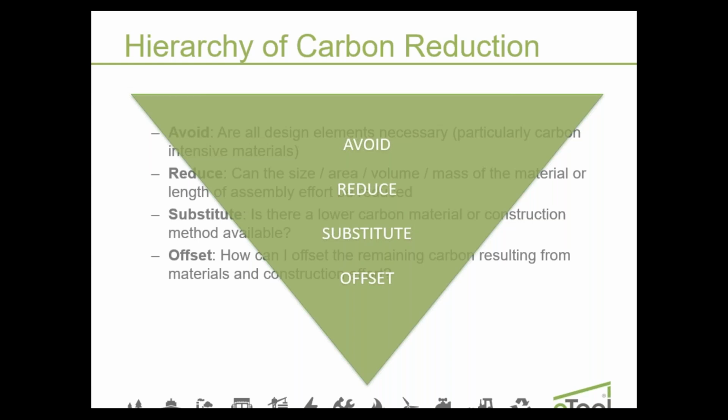Also try to build light, reduce the mass volume of materials. Of course, you can also substitute some material through another that are less carbon intense, and finally offset the rest.